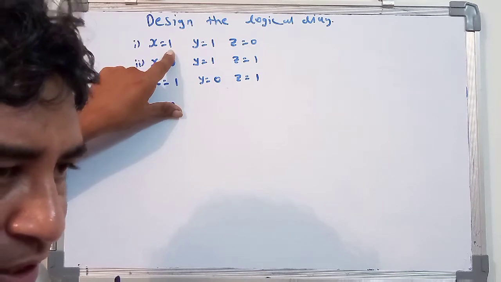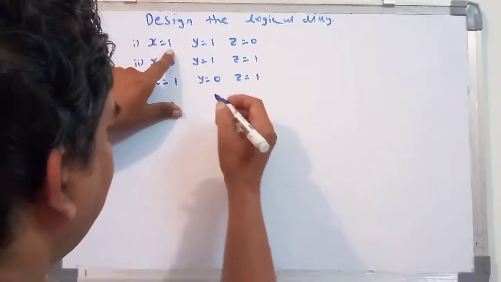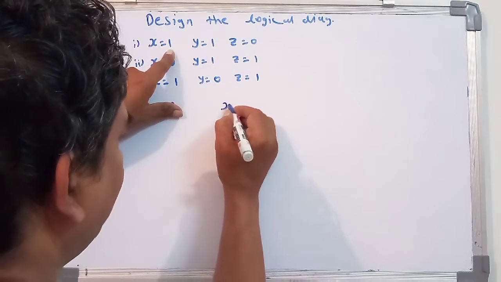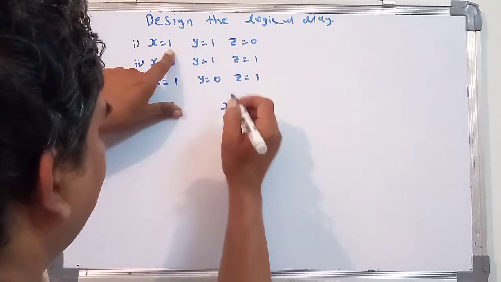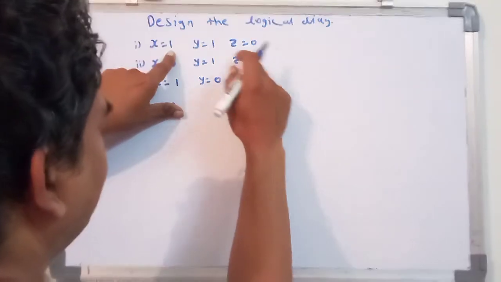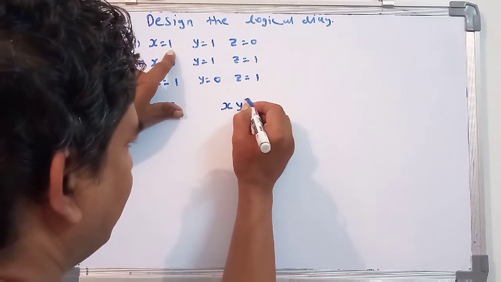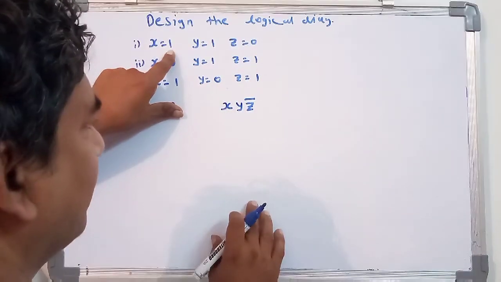So for writing that particular equation, that is x, y, and z, you have to write down first this number, that is x, y, z. This z has the value 0, and that's why you have to write that 0 as z bar.